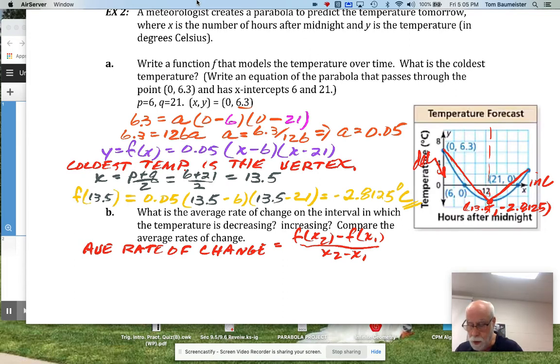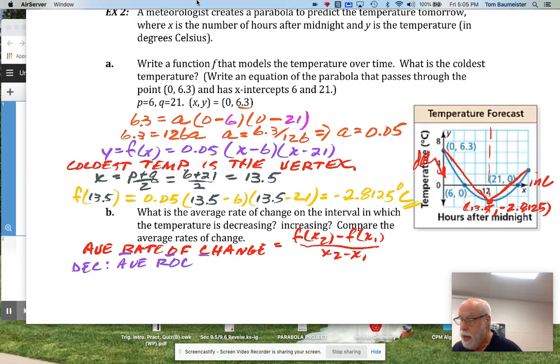So let's go ahead and do our decreasing first. Remember, it is decreasing. I'm just going to say ROC for rate of change right there.